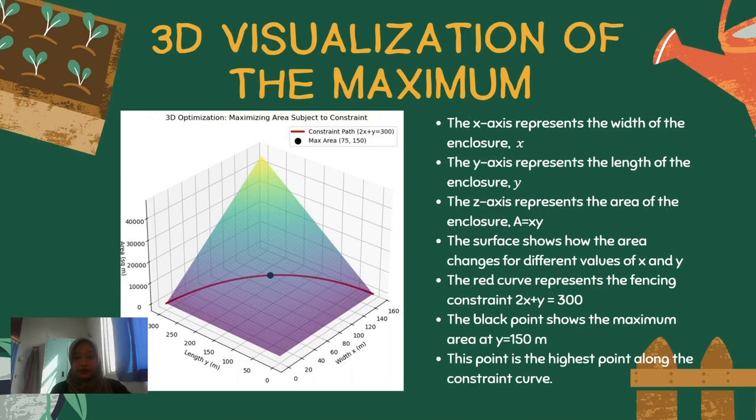Now, the straight curve here represents the constraint, which is the fencing limit, 2x plus y equals 300. This means we can only choose values of x and y that lie along this curve. And the black point here marks the maximum area we can achieve under these constraints. It happens when the width is 75 meters and the length is 150 meters. So this point is the highest point along the constraint curve, which tells us that this is the optimal design for the enclosure.